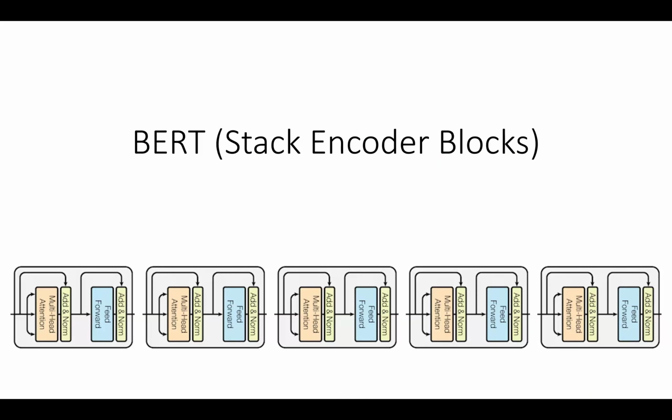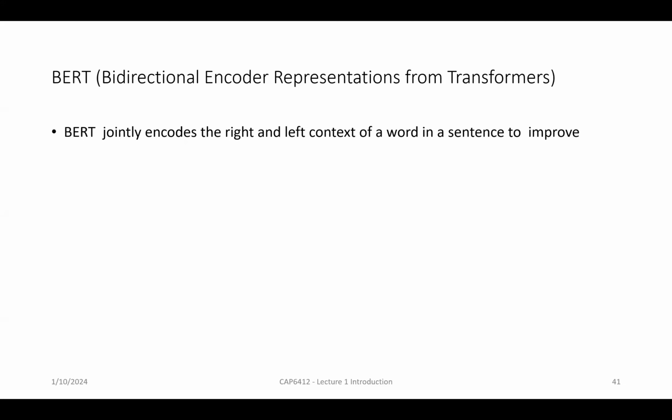Okay, so BERT is basically a stack of encoder blocks. We have lots of these encoder blocks, as you see here: multi-head attention, add and normalize, feed forward, add and normalize. Then there's another block like that. That is BERT, and we are going to spend more time on BERT.